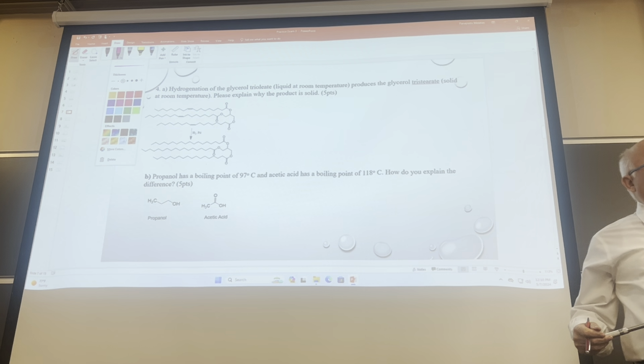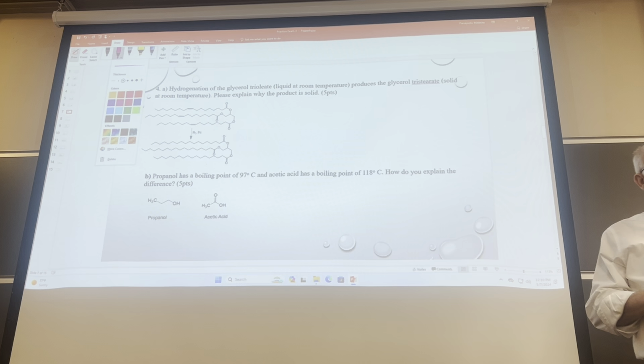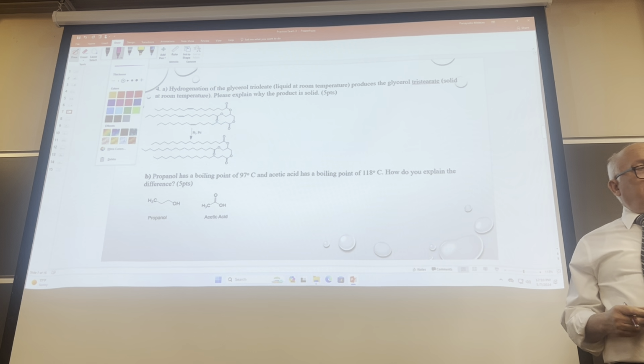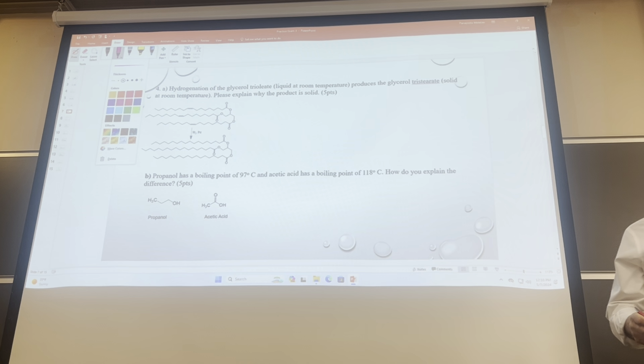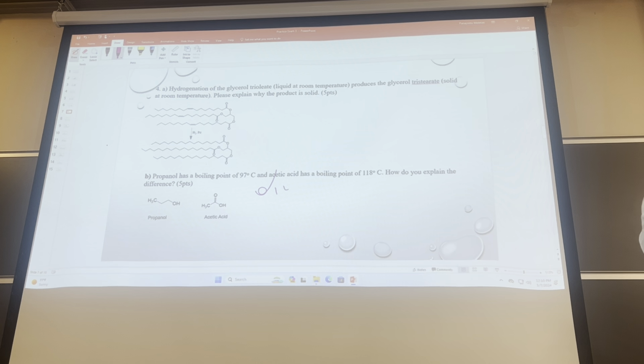Propanol has a boiling point of 97 degrees and acetic acid of 118 degrees. How do you explain the difference? We already said it before. The acetic acid makes dimers, right? So, dimers. Acetic acid makes dimers. And if you are good, you are going to draw the dimer structure, right?